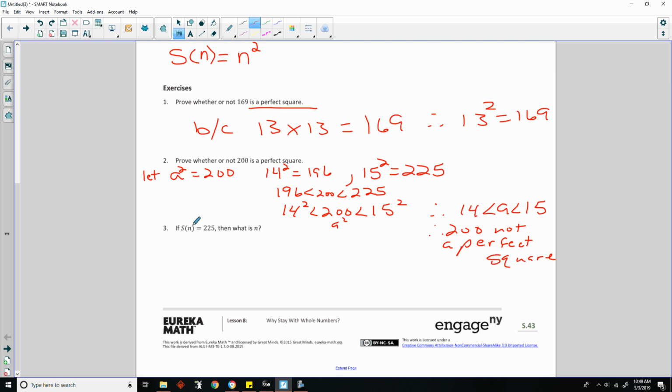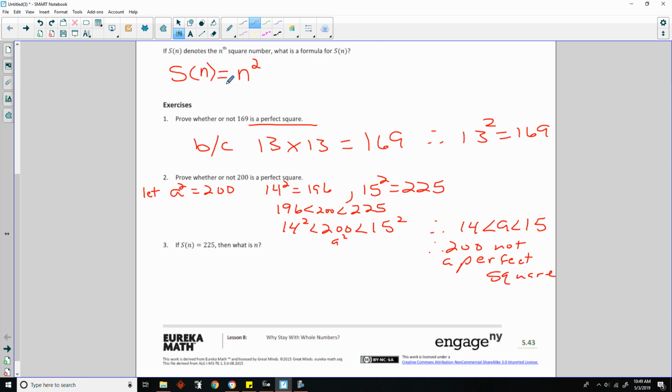If S of n equals 225, then what is n? Since our S of n equals n squared, that's the formula we're using.